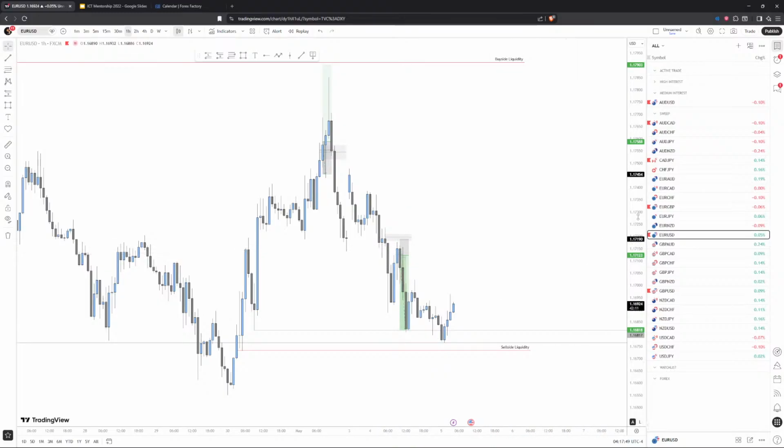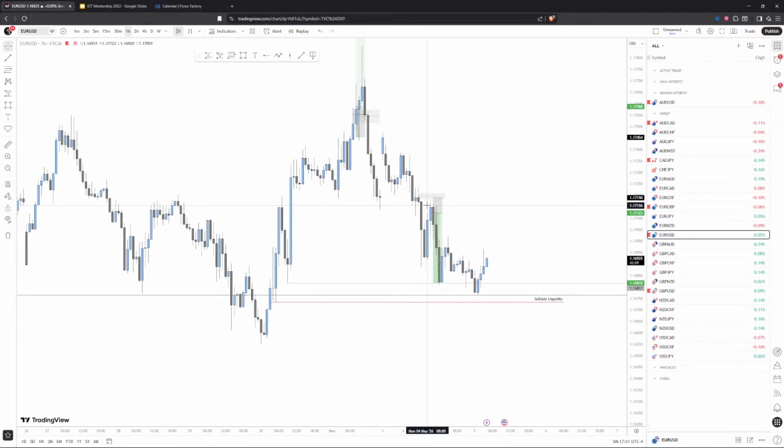So for example, DXY have reached the order block concerning the sweep up here and then displaced. However, on this occasion, Euro didn't reach this area, but it still went and delivered to this side. And yes, it didn't reach here, which DXY did reach.